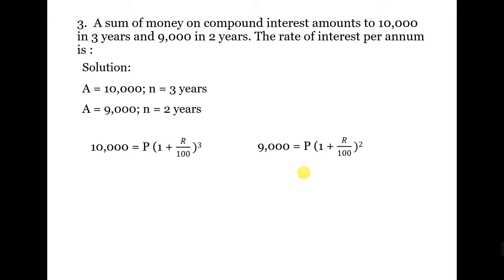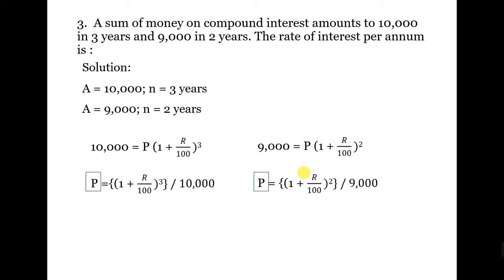So we have now two equations with two unknowns, and these are the principal amount denoted as P and the rate percentage denoted as R. To proceed, we use the elimination method. We will eliminate the principal amount from the equation to solve for the value of the rate that we were looking for.